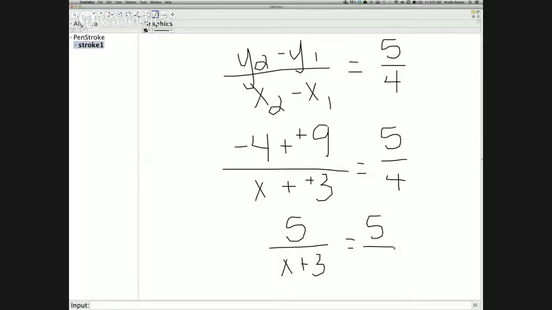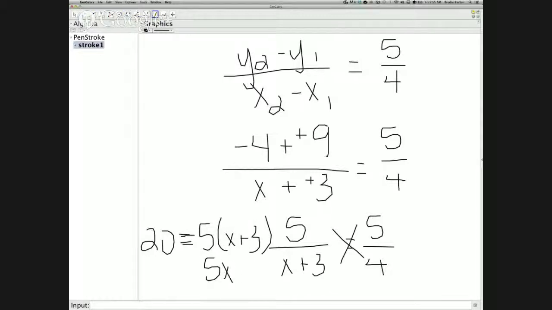And then this is just like those proportions we were solving the other week. Cross multiply. 5 times 4 is 20. And 5 times x plus 3, I'm going to go ahead and put that in parentheses. So that's 5x plus 15 equals 20.